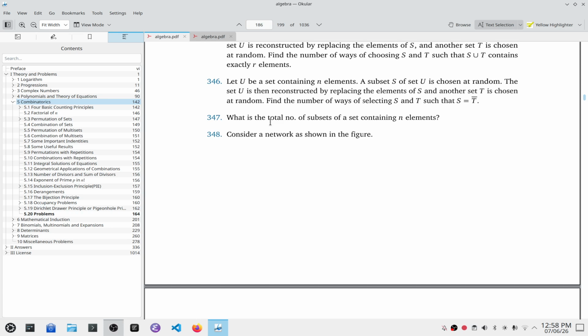Now, this represents selection of 0 out of n, selection of 1 out of n, selection of r out of n, where r varies from 0 to n. Now that is the total number of subsets. So if you put x is equal to 1, then it becomes 2 to the power n.